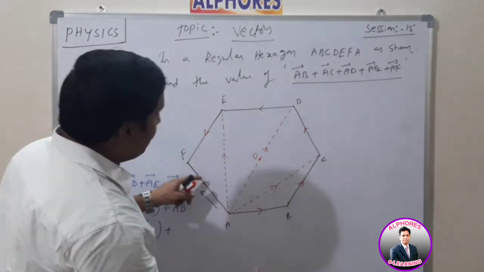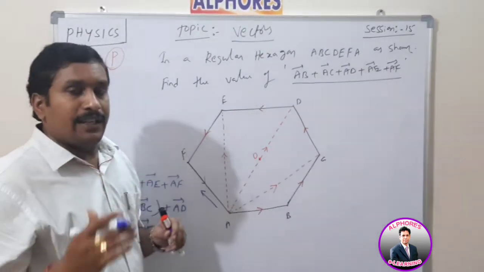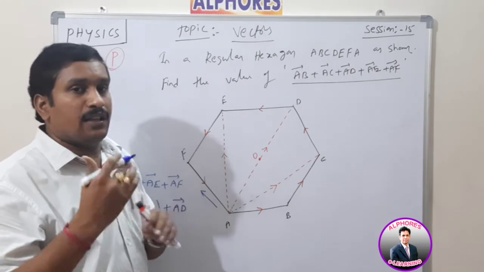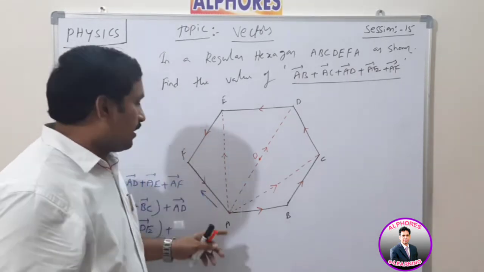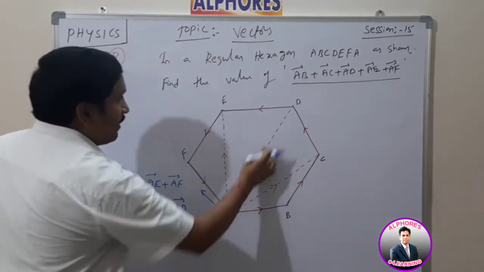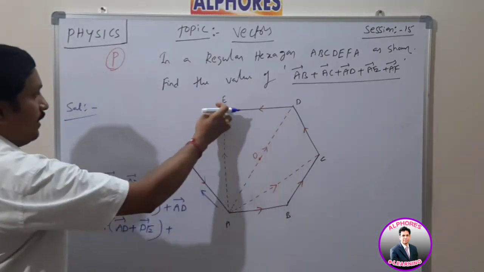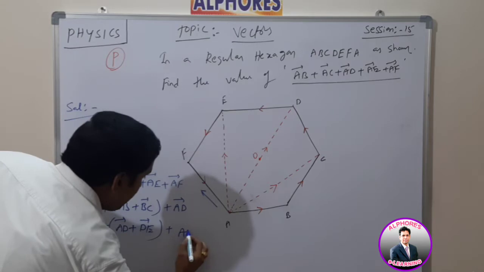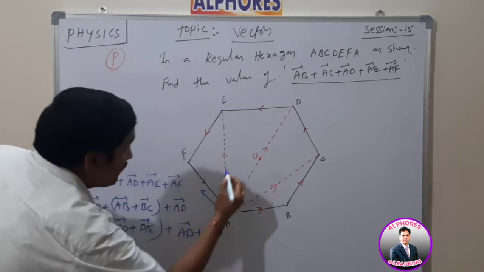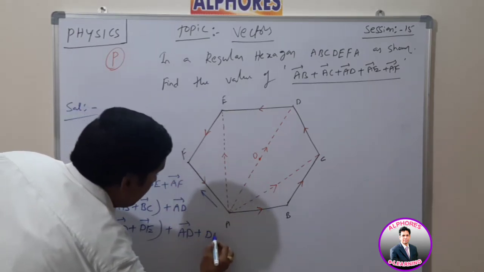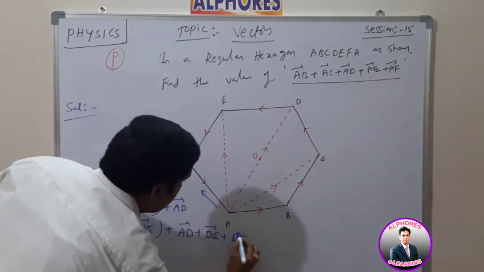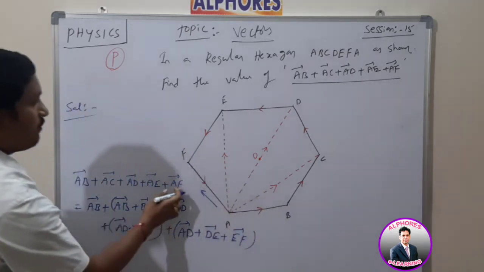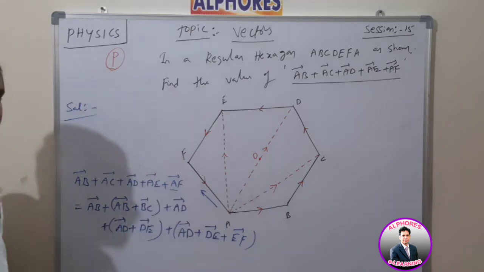According to the polygon law of addition of vectors, if more than two vectors are taken in the same order, then the resultant is taken in reverse order. Like here, the vectors AD, DE and EF, that means AD bar plus DE bar plus EF bar gives the resultant AF, as per the polygon law of addition of vectors.